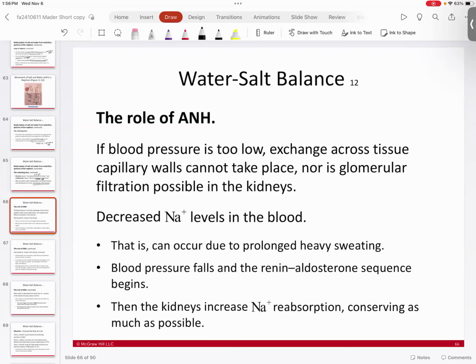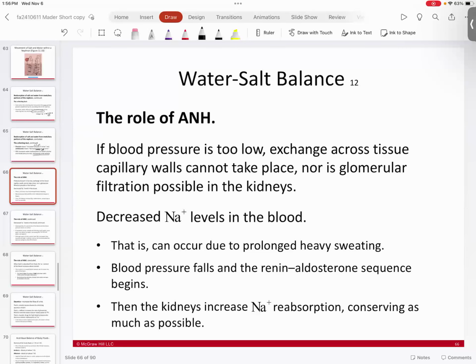So the ANH then, which we talked about a little bit already, is something that's going to be triggered when... that's a typo. It's not ANH because it's ADH.